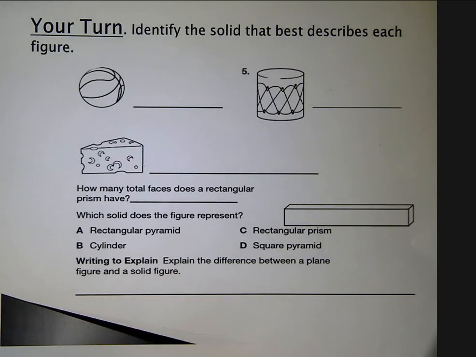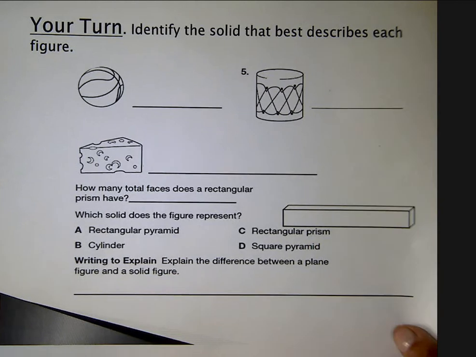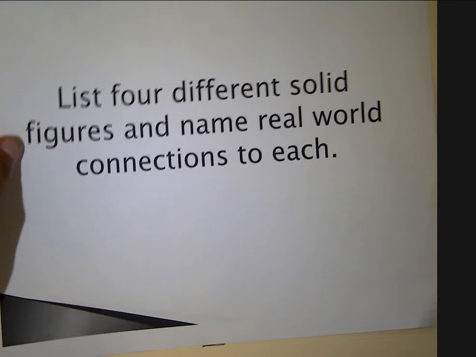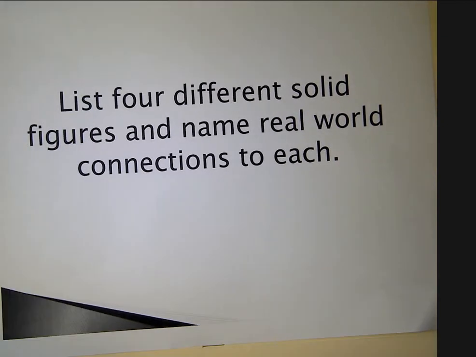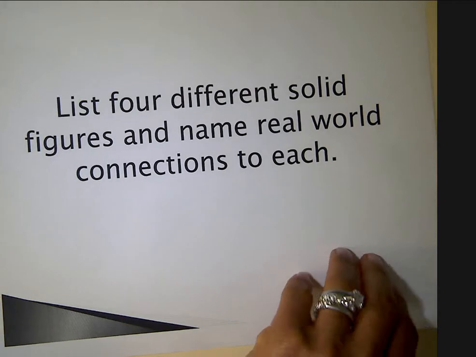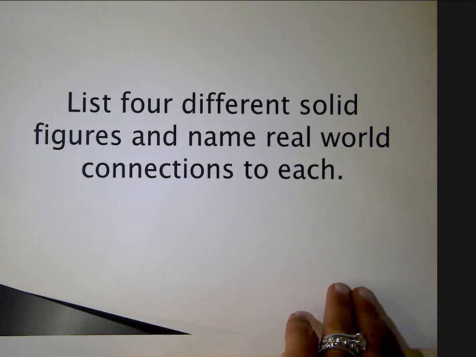Okay, identify the solid that best describes each figure. And in box 4, list 4 different solid figures and name real-world connections to each. That's all for now.